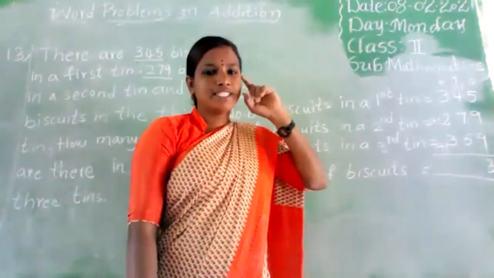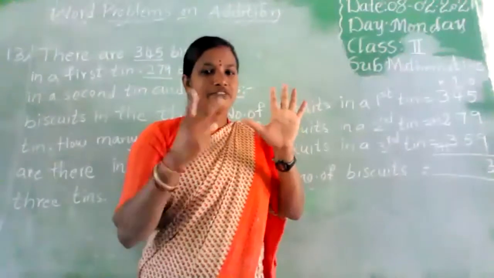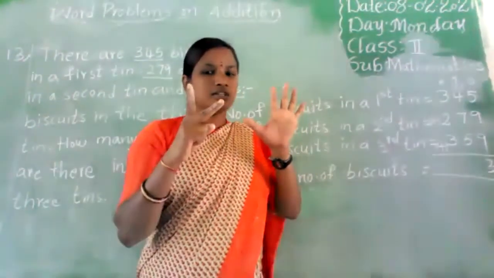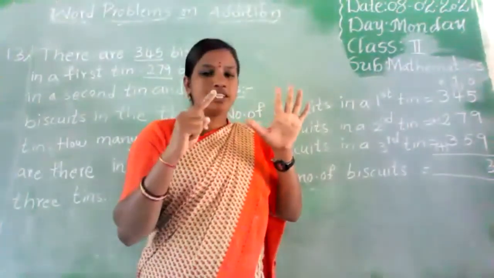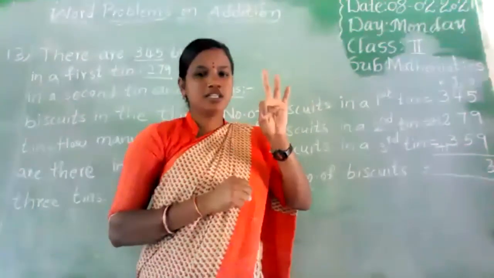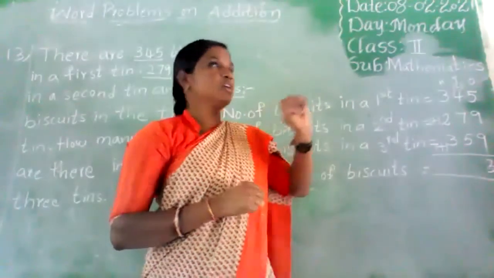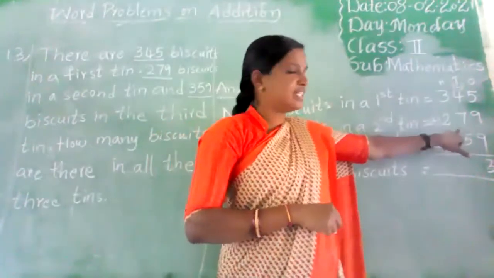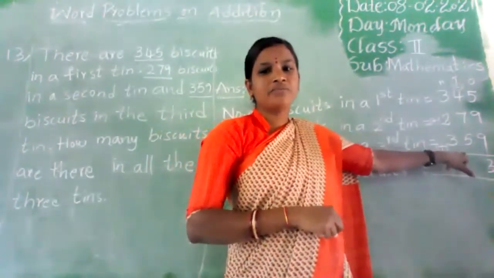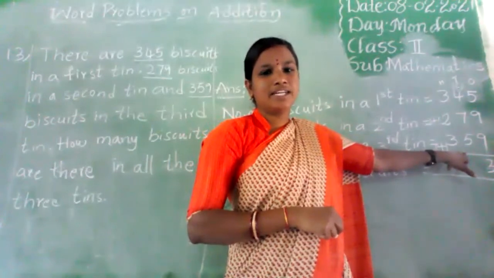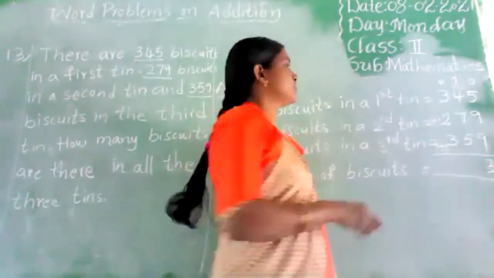2 plus 4 is 6. 6 plus 7: 7, 8, 9, 10, 11, 12, 13. So 6 plus 7 is 13. 13 plus 5 is 18.